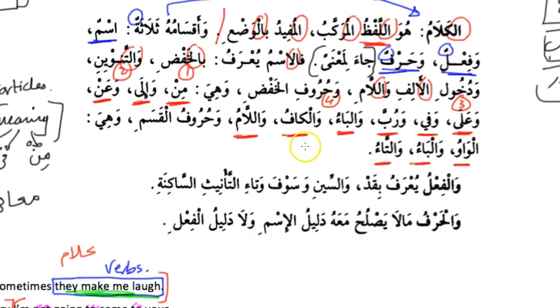If I say, this pen is like that pen. Lam, again, it's not an alphabet letter, it's a particle. So this lam means lam as in for. If I say, this book is for Zaid. This book is for Zaid. So you use li in Arabic.